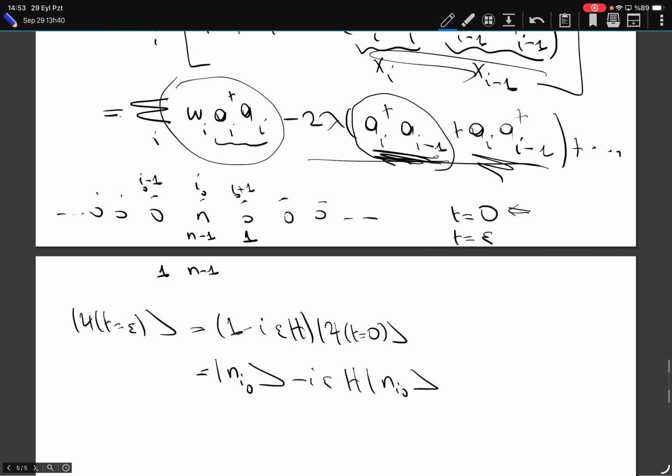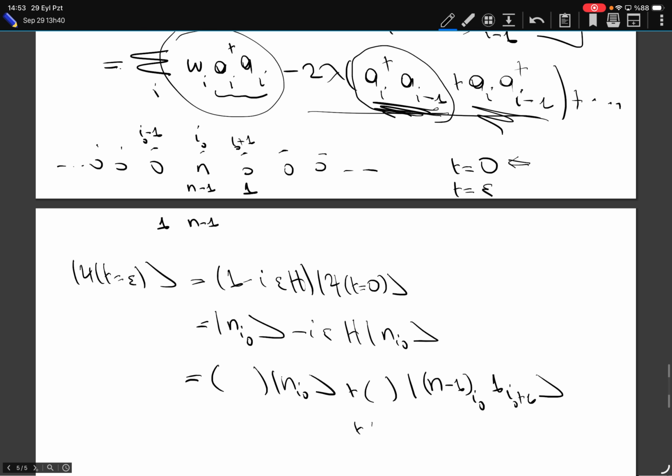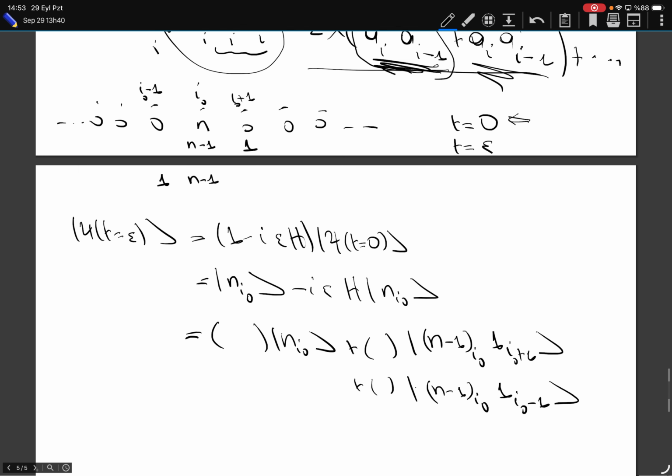But H acting on that one will be, well, there are some coefficients over here. Then I will get another coefficient. I will have n minus 1 particles at the site i0 and 1 particle at the site i0 plus 1, and other coefficients with n minus 1 particles at the site i0 and 1 particle at the site i0 minus 1. Plus, of course, I have other terms.